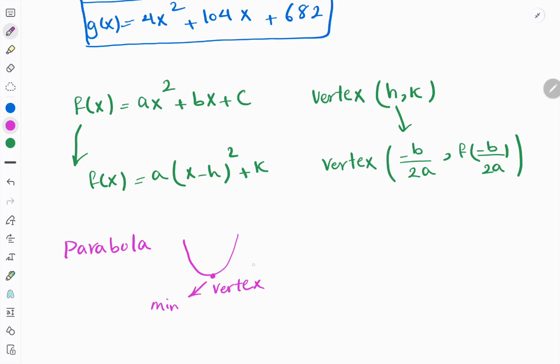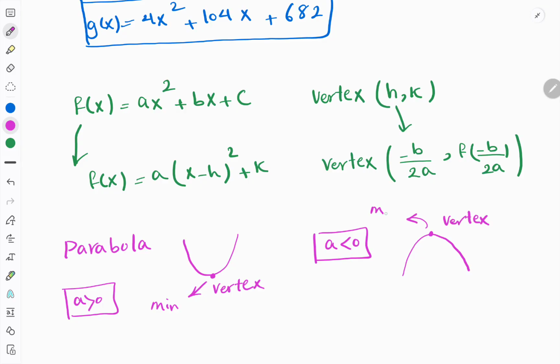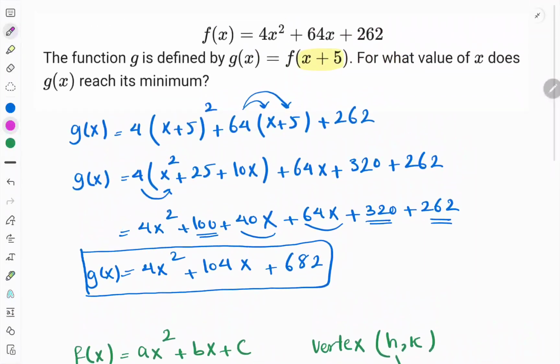And for this type of parabola, when it is upward opening, a is a positive number. But if a is a negative number, we have a downward opening parabola where this is the vertex, and you can see we have a maximum point. Okay, and in this question we are going to talk about the minimum value.